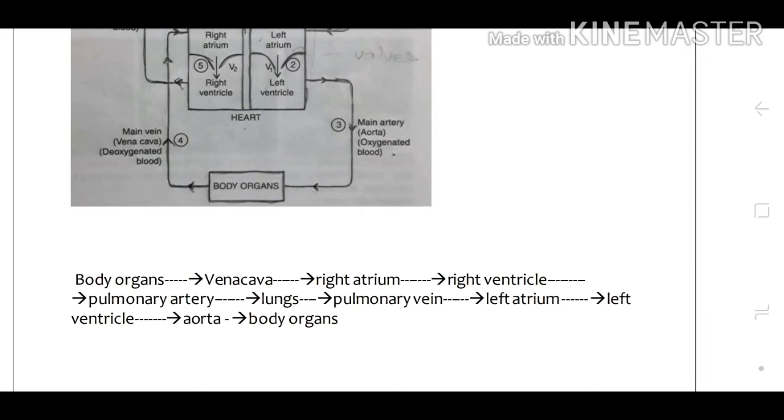Body organs to vena cava, to right atrium, to right ventricle, to pulmonary artery, to lungs, to pulmonary vein, to left atrium, left ventricle, to aorta, to body organs.